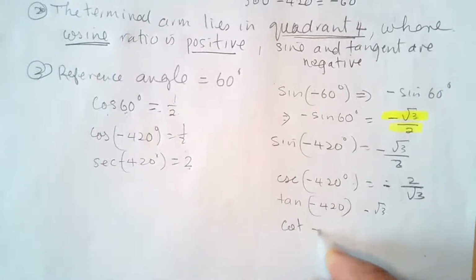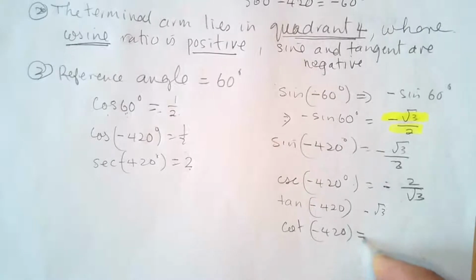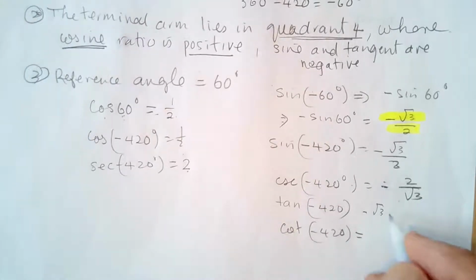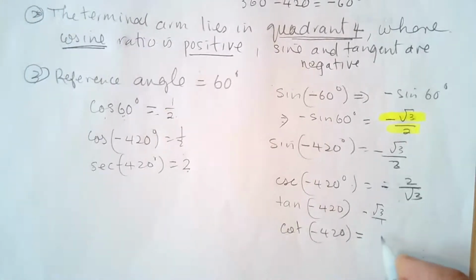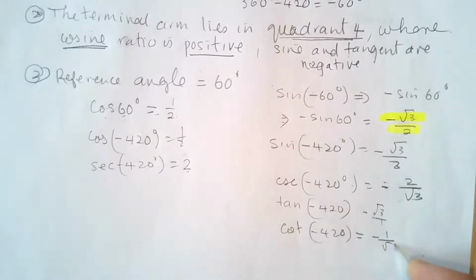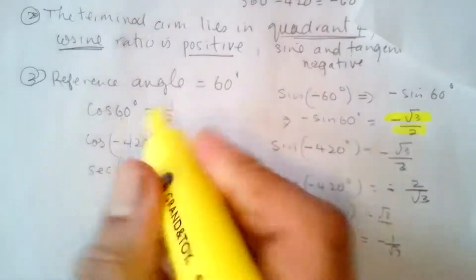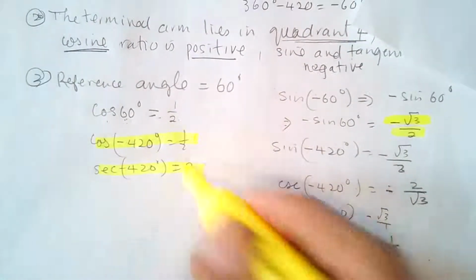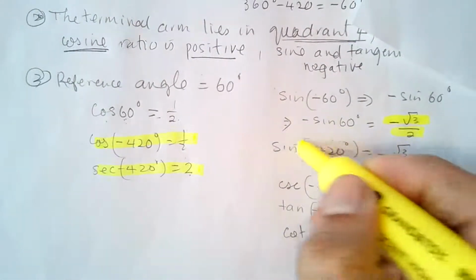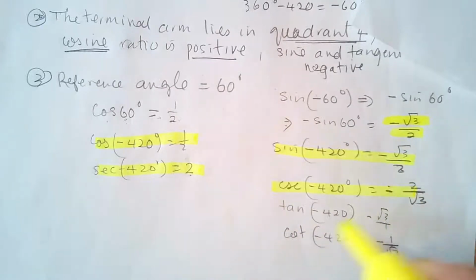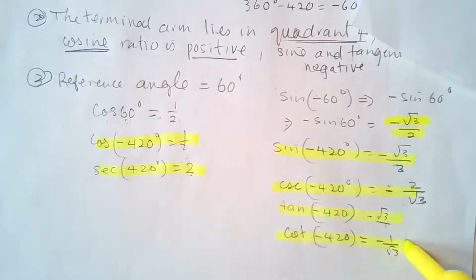And cotan negative 420 would be equal to negative, because remember this is 1 here, it's a reciprocal, negative 1 over root 3. So there we have our trig ratios: cos, secant, sine, cosecant, tangent, and cotangent.